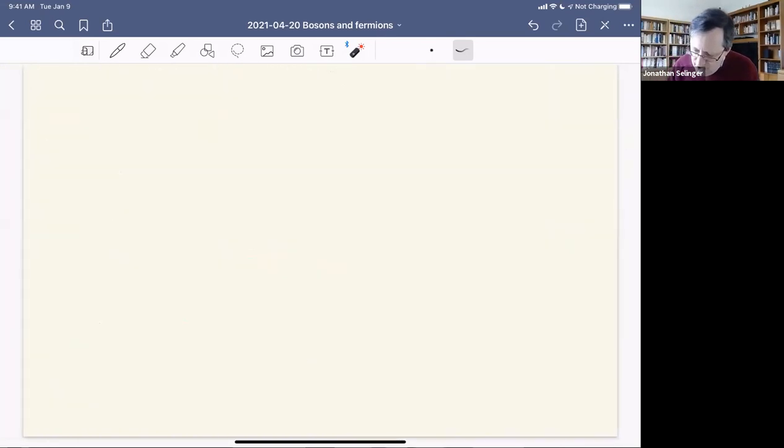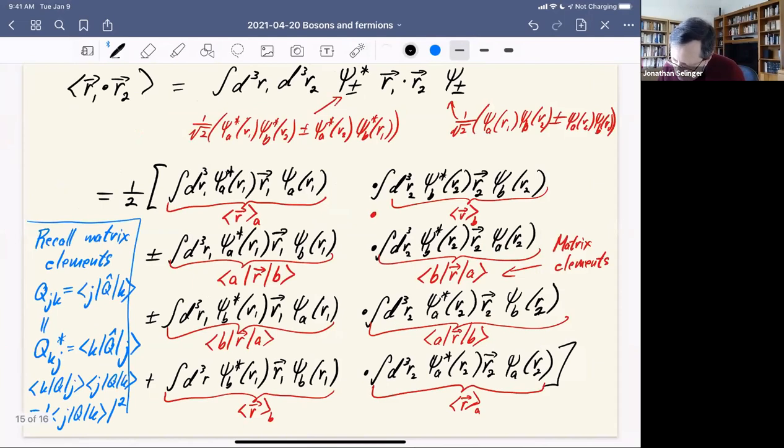So the average of R1 dot R2 is 1/2 of, let's see, in the first line, we have the average of R in state A dotted with the average of R in state B. That's also true on the last line.